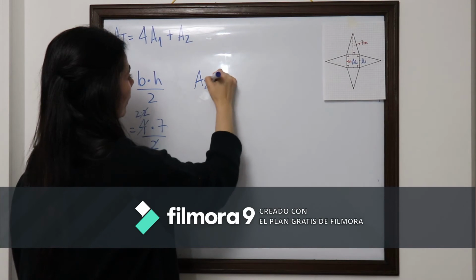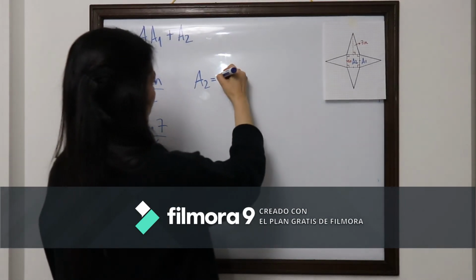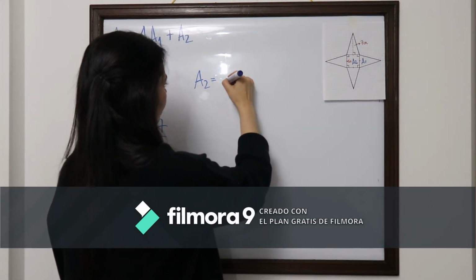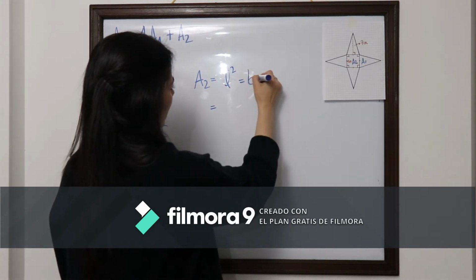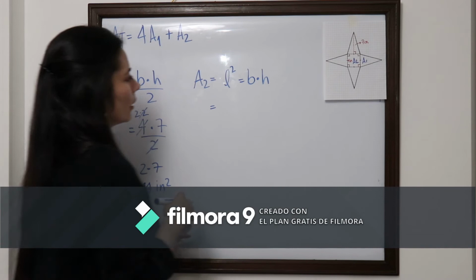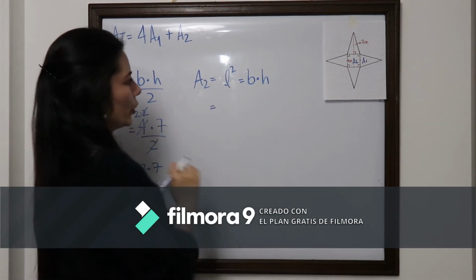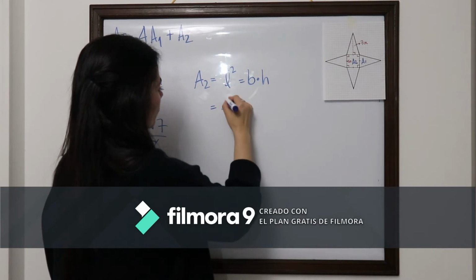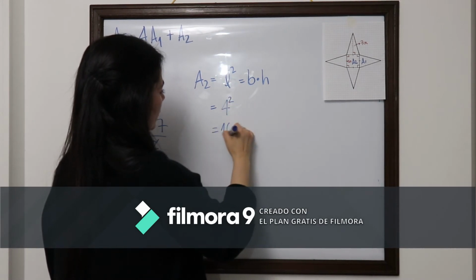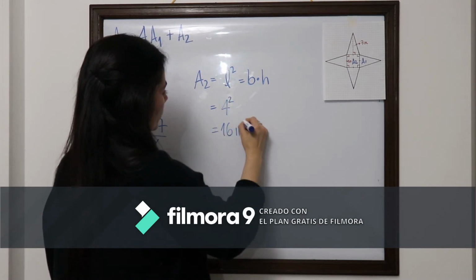Now, second area though, it's gonna be the square, which we know is actually the length squared. Or it can also be base times height. It's just that we tend to use the square just because it has equal sides. So we know it's 4 squared, which is actually 16 square inches.